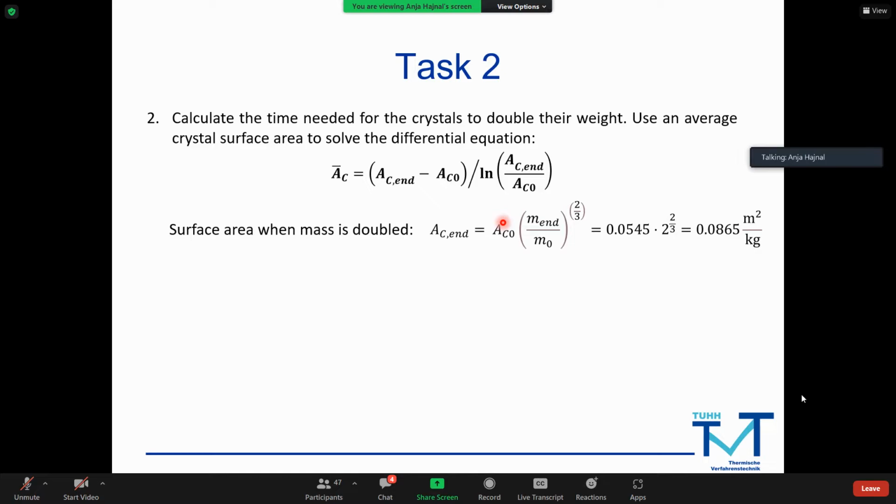Yes, it's given at the bottom of the page. And if we calculate the end specific surface area, we just substitute into the equation that we just derived. We get A_C0 times mass n over mass 0 to the power of 2/3, and we should get 0.0865 meters squared per kilogram. Of course, our crystals have grown and our area has increased.